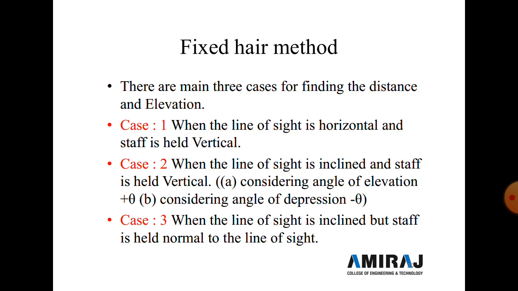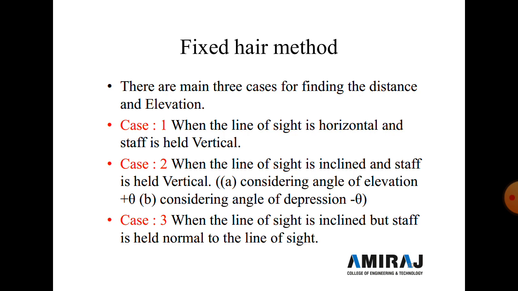Case number 1: when the line of sight is horizontal and the staff is held vertical. We will discuss all three cases in detail in the next slides. Case number 2: when the line of sight is inclined and the staff is held vertical, considering the angle of elevation positive and the angle of depression negative theta.